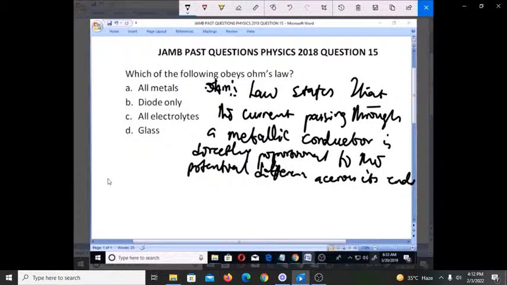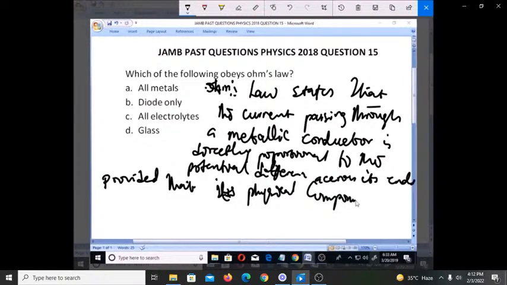And this law holds true provided that, for the conductor, its physical components and temperature remain constant. So that is the statement of Ohm's law.